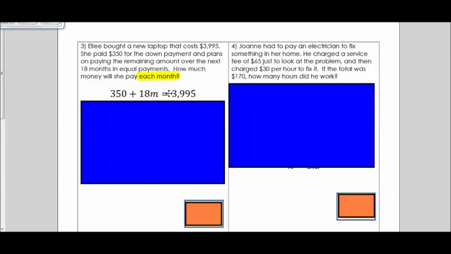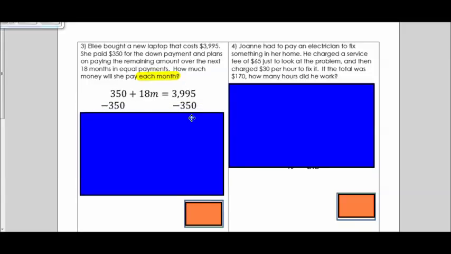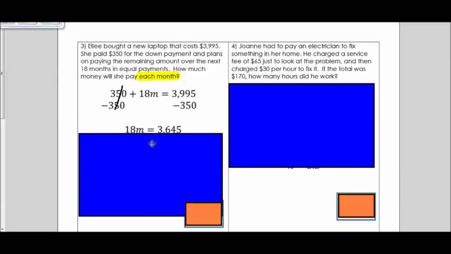And we know that once she's done, it has to equal $3,995 because that's the entire price of the laptop, right? So $350 down payment plus each month has to equal that. So then we have a two-step equation. We're going to subtract $350 on each side, which again is going to cancel these out. And we would get 18M is equal to 3,645 when you subtract those.